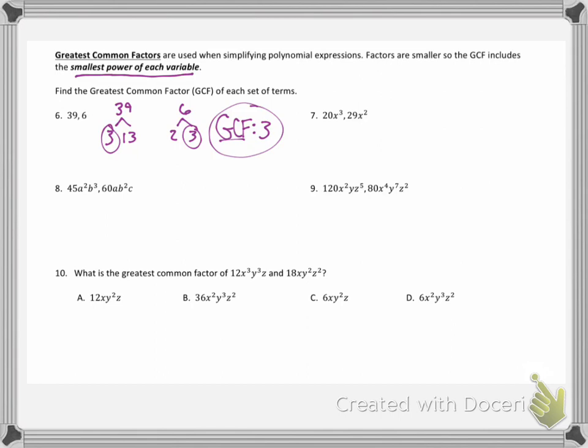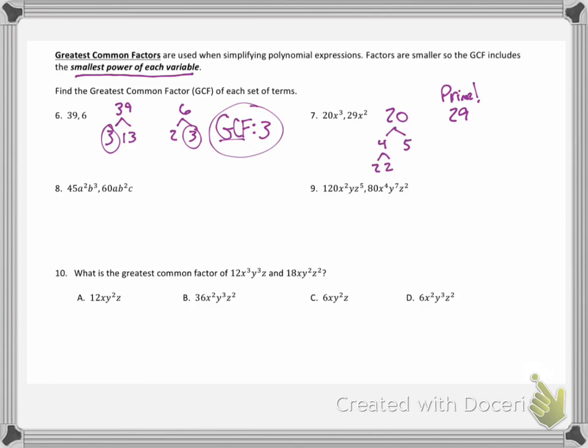So I'm going to do the same thing like I did with the LCM. I'm going to worry about breaking down the numbers first. So we're going to break down 20 and 29. 20 breaks down into 4 and 5. 4 breaks down into 2 and 2. 29 is prime. So the only way that's going to break down is 1 and 29, over and over for infinity. Since dividing by 1 is kind of useless, we're not going to worry about breaking it down.